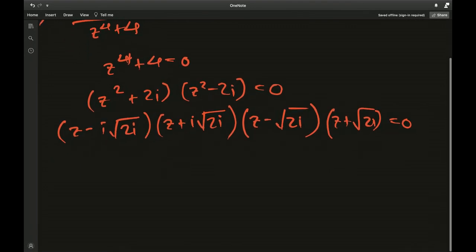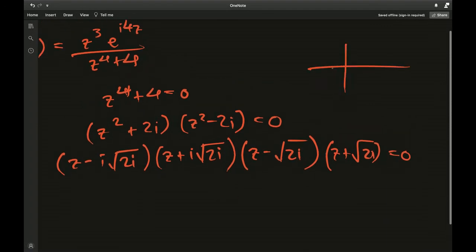So we know we have these 4 points, but in our contour, which was a little bit like this, we can only accommodate the positive ones. Only the positive ones are going to be inside the contour. So square root of 2i will be somewhere like this or something, or not 45 degrees but close to it.